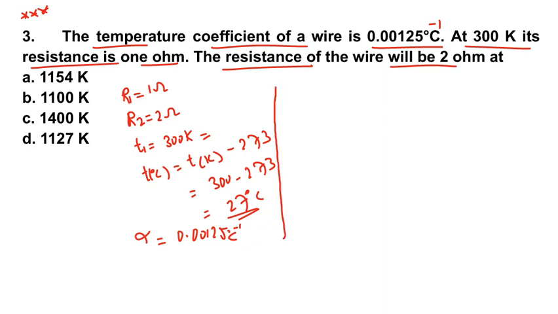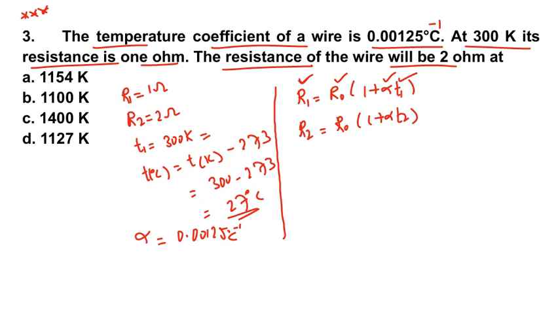What is the resistance of a conductor formula? R1 equals R0 into 1 plus alpha into T1, at T1 temperature. This is the resistance of a conductor at T1 temperature, R0 is the resistance at 0 temperature, alpha is the temperature coefficient, and T1 is the temperature. The resistance of the conductor at T2 temperature is R2 equals R0 into 1 plus alpha into T2.